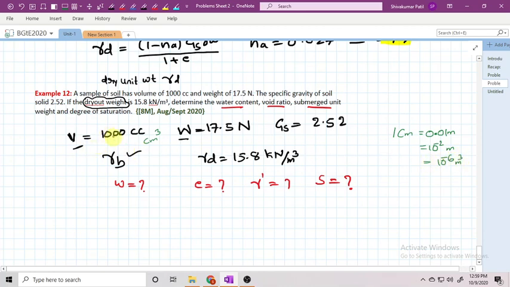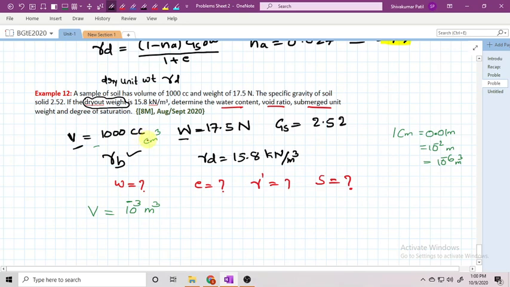So this 1000 cc is nothing but 10 to the power of plus 3 cubic centimeter. Minus 6 plus 3, the remaining is minus 3. That means 10 to the power of minus 3 cubic meter. So your volume will be 10 to the power of minus 3 cubic meter.